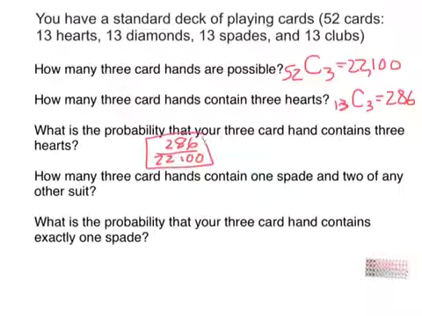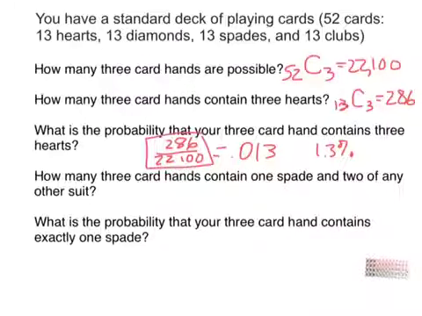So 286 out of 22,100. Now if I calculate that on my calculator here, it is 0.013, or in other words, 1.3%. So again, very unlikely that when you're dealt 3 cards, they'll all be hearts.